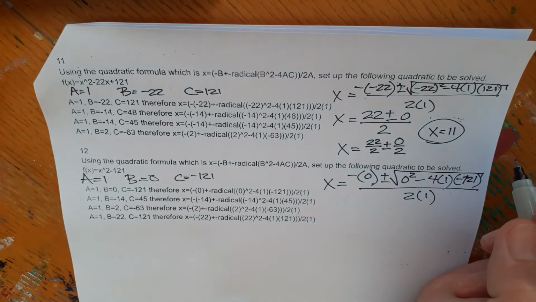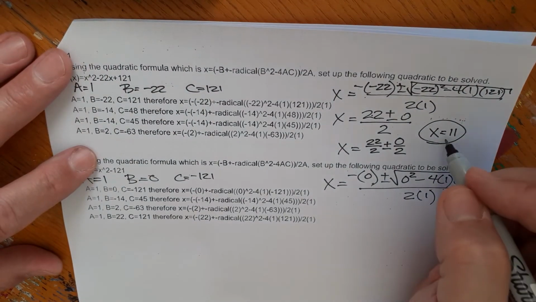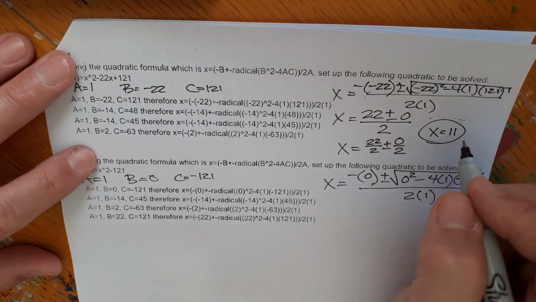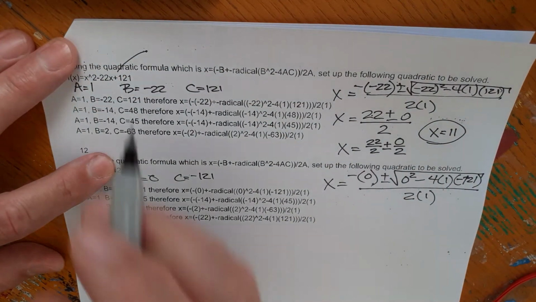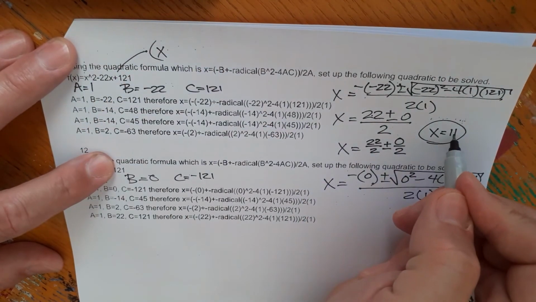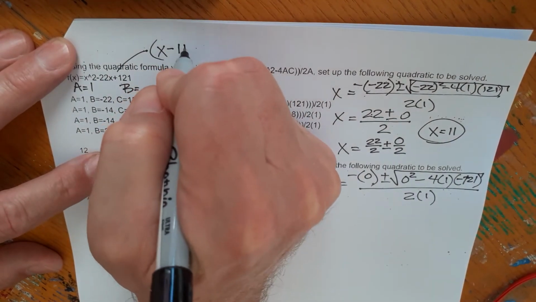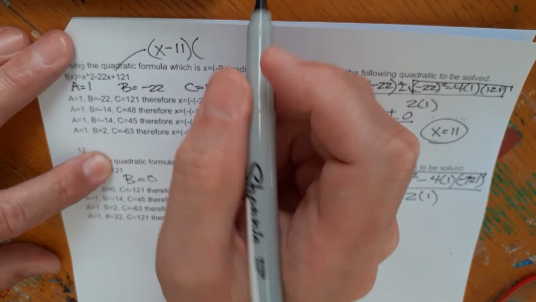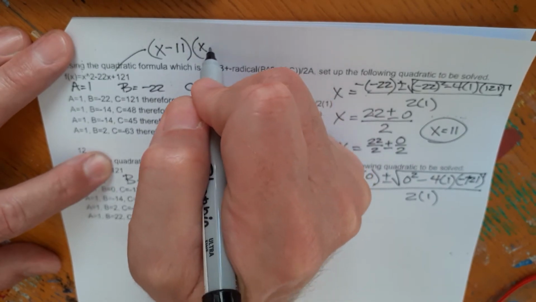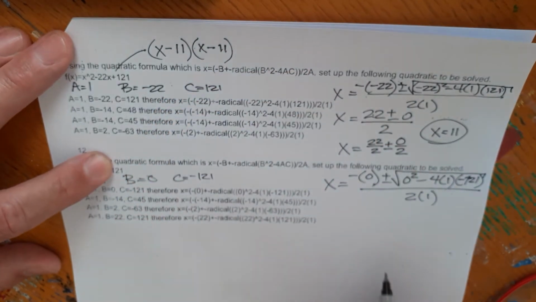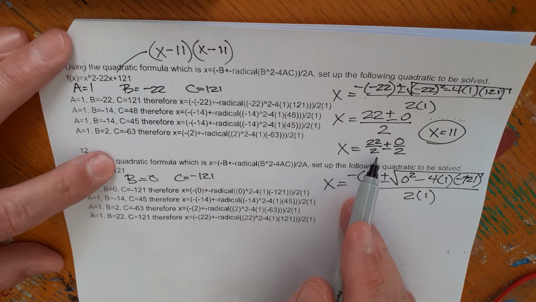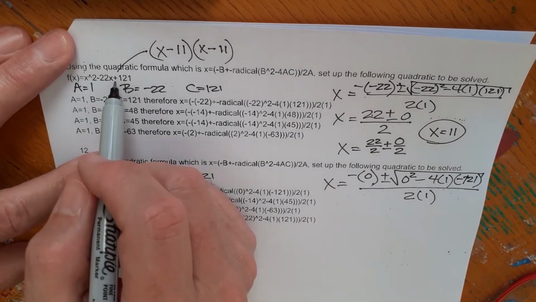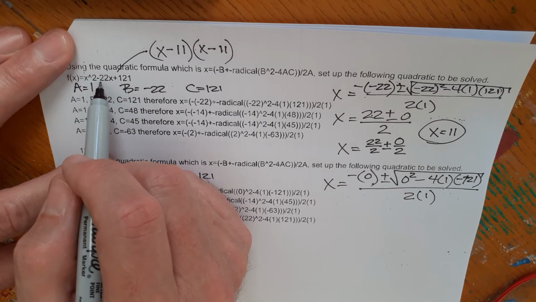So if you look at this problem, this is the actual root. So if you're going to plug this back in and factor this thing, you would have to reverse that out. So you would say x, because it's positive here, we would have to have x minus 11 in the actual binomial, x minus 11. All right? And I would have 2 of those, x minus 11 squared.